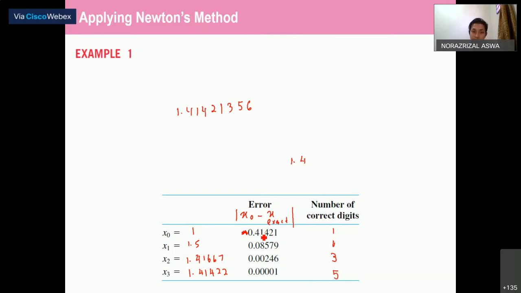So if you keep doing x4, x5, and so on, the number of correct digits will increase. You will get something more and more similar to our exact solution, and the error will become very, very small at one point. For example, they say you want the error to be 0.00000000, and then you have to compute until the error falls within this range.